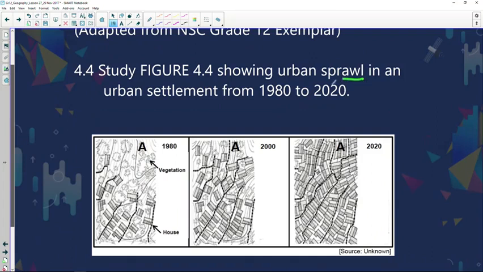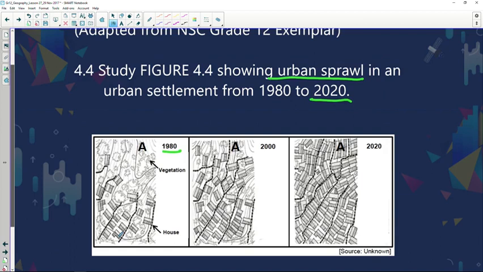Now, if you look at question 4.4, it shows urban sprawl taking place in a settlement from 1980 to 2020. So we're not there yet, but those are their predictions. As you can see, it shows you street patterns. But if you look at 1980, look at the amount of settlements, the houses. The settlement has increased.